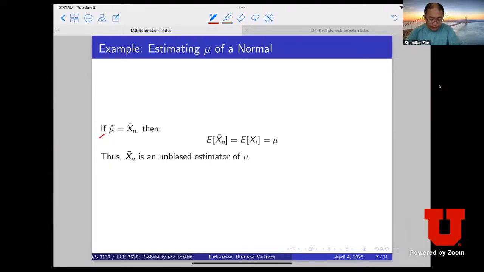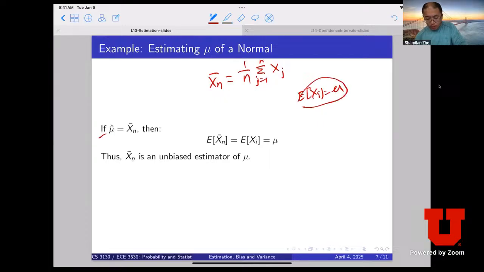Here we give one of the most commonly used examples of an unbiased estimator: the sample mean. Here x-bar n hat is just the average of n IID random variables, if we estimate the mean of those random variables with the sample mean. Then the sample mean is unbiased. Why?